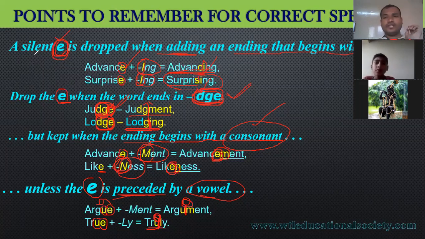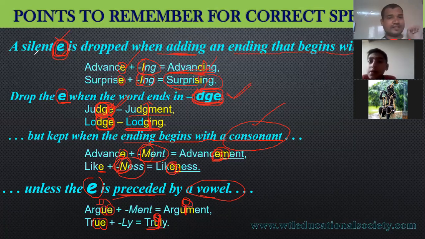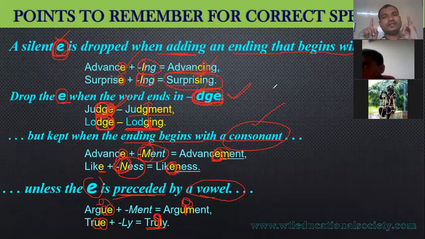We need to drop silent E when you're adding a suffix like ing, which begins with a vowel, to a word ending with the letter E. If the beginning of the suffix is a vowel, in that case we have to drop letter E. That is the first point.